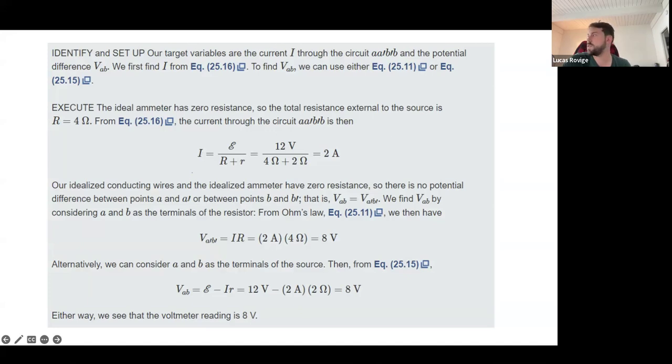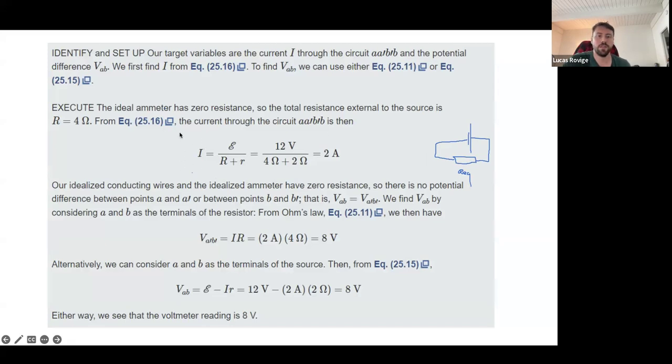That's because our system can be seen as equivalent to our ideal EMF source connected to an equivalent resistor, just the sum of the two resistors in series, the internal resistor and the outside resistor.